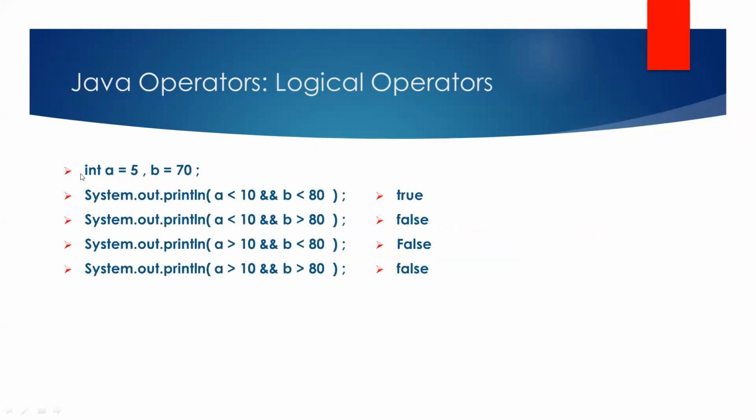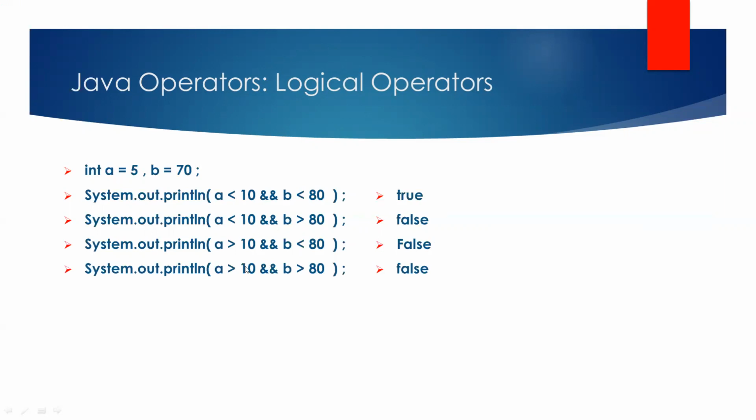Just look here. A is equal to 60, B is equal to 70. So I am combining two expressions, that is A is less than B and B is less than 80. First of all, this will evaluate, so this will give you the result as true. And B is less than 80, yes, this will give you the result as true. Since both are true and combined with the AND, it will return true.